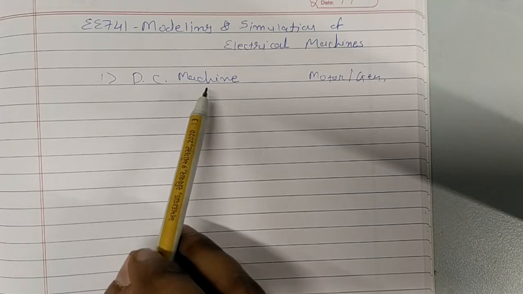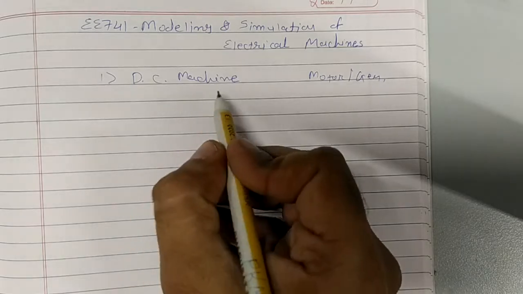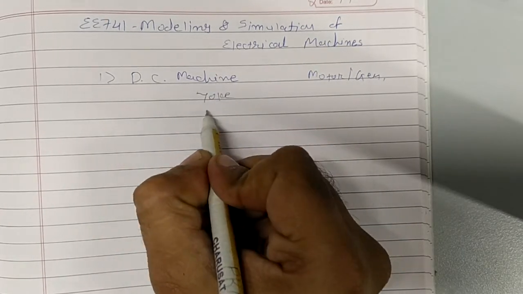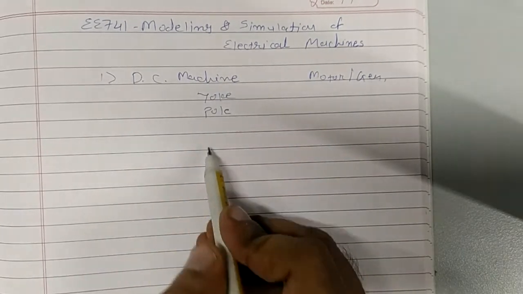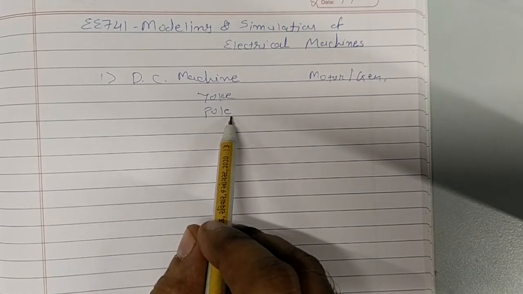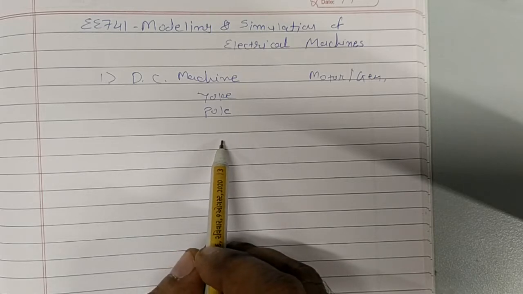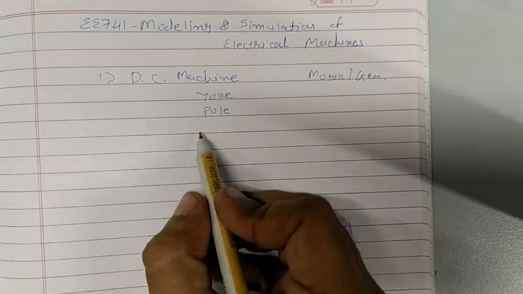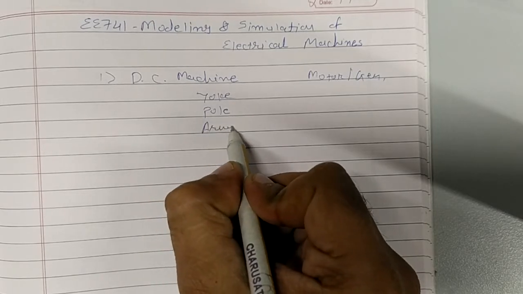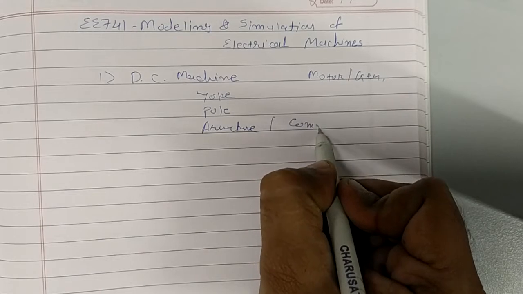In the DC machine the major parts are the yoke, that is the outer body. Then you will have a field pole, and you will have windings also, the field winding. Then there will be the air gap. Then you will have a rotating part, which is made up of the armature and commutator.